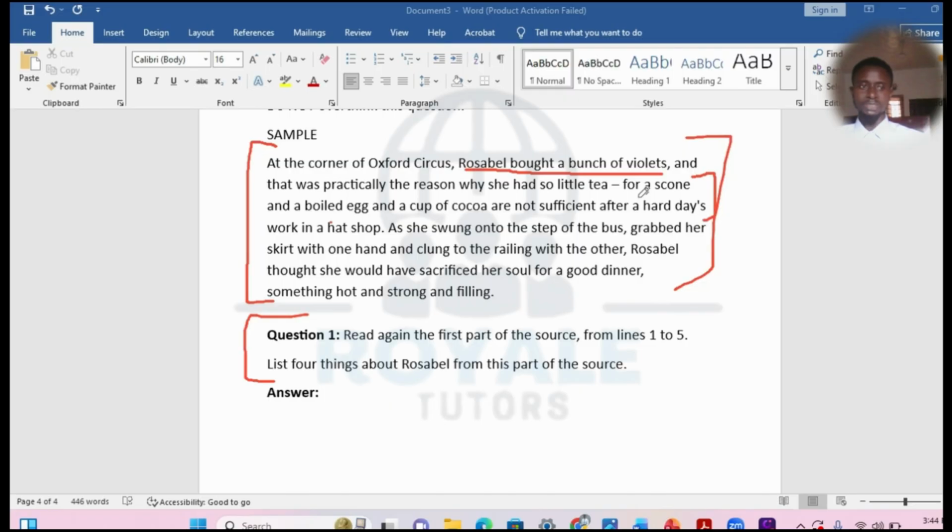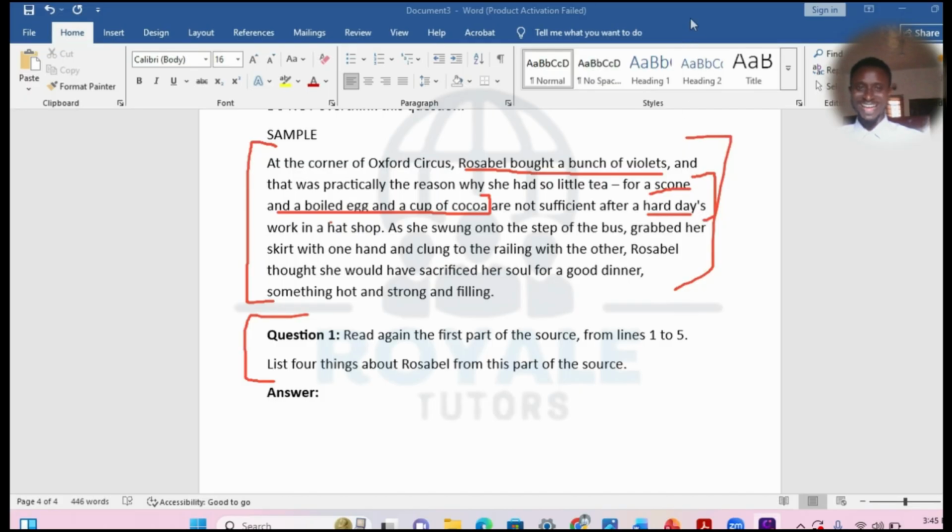So the next point is that she had what? She had a scone and a boiled egg and what? A cup of cacao. Now, this is another point about Rosabel. And here we have, not sufficient after a hard day's work in a hat shop. So, hard day.